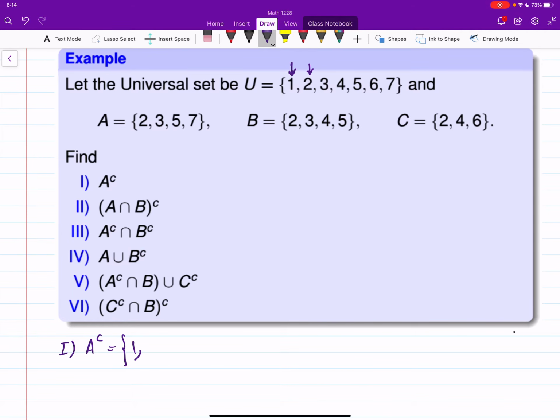So that means that I won't include it in A complement. Is 3 in A? It is in A, so I won't include it in the complement. How about 4? 4 is not in A, so I will include it in the complement, and the next thing is 6. So you continue that way and you find A complement.